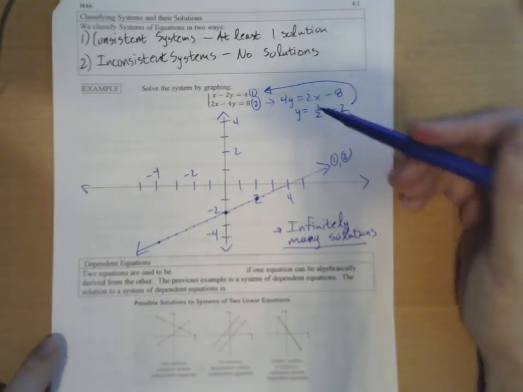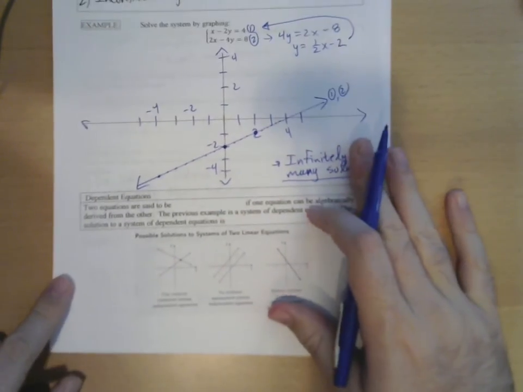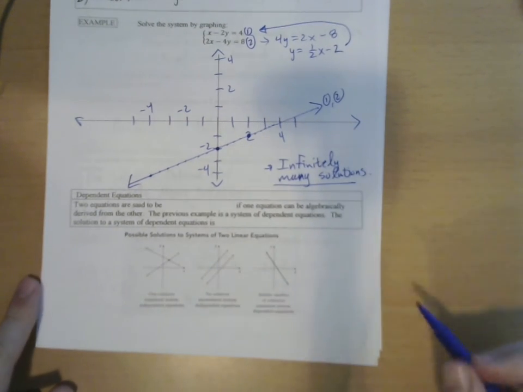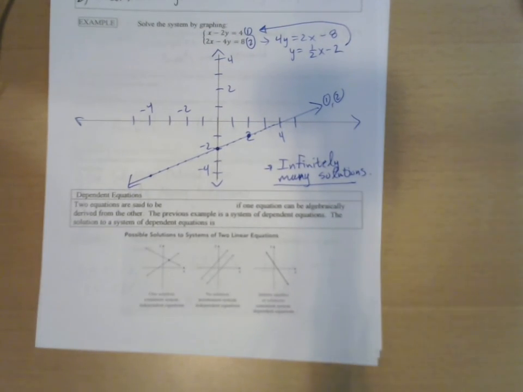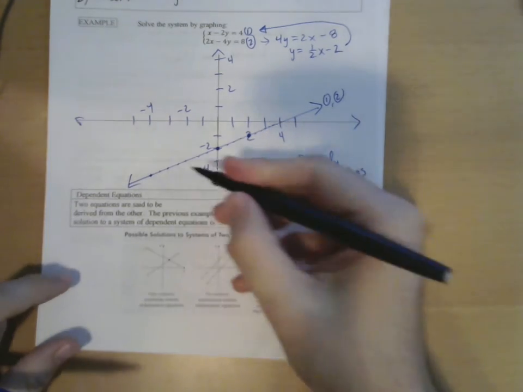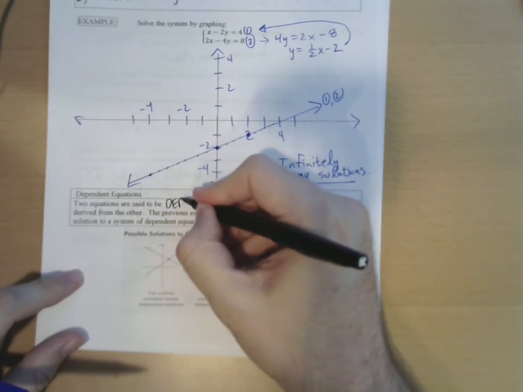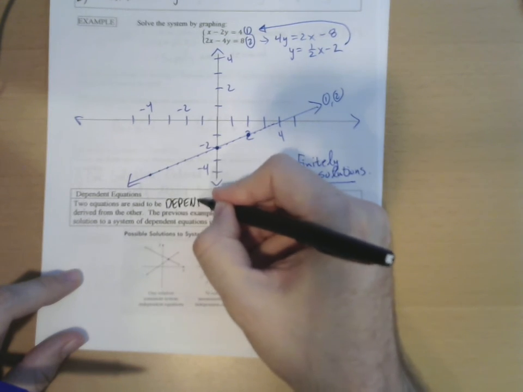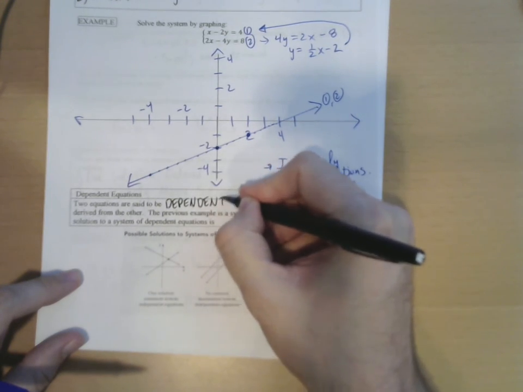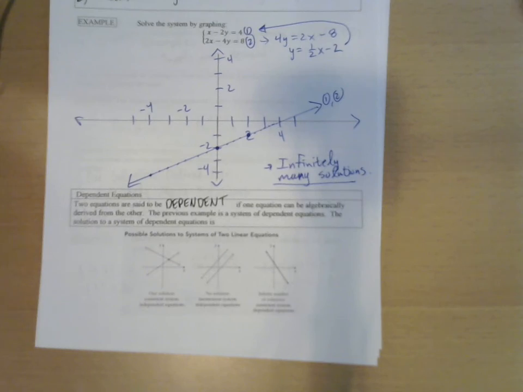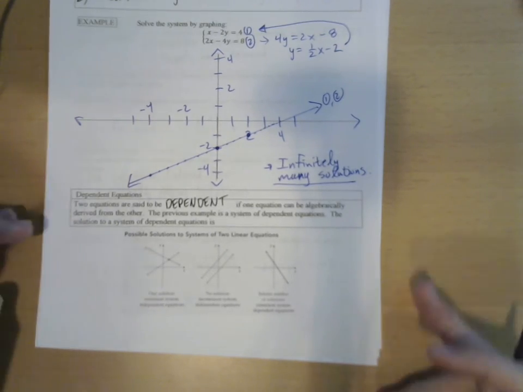Now, when you have lines of different forms, that is what we call dependent equations. So 2 equations are said to be dependent if one equation can be algebraically derived from the other.